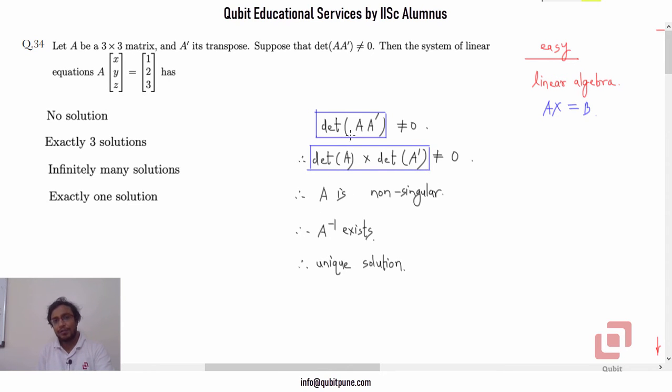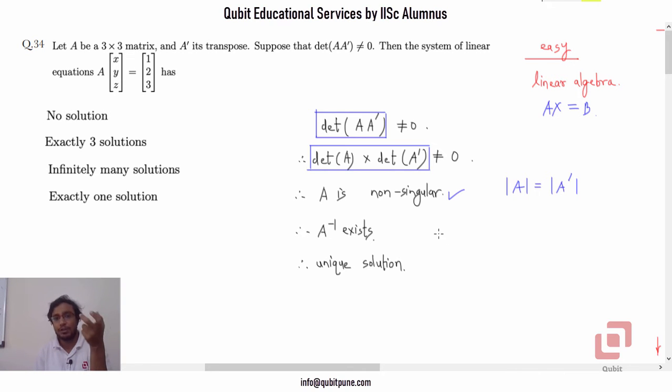So if determinant of A into A prime is not equal to 0, it implies that determinant of A into determinant of A prime is not equal to 0. And we also know that the determinant of any matrix is also the determinant of its transpose. So if the product of two things is not 0, none of them should be 0. So this proves that A is non-singular.